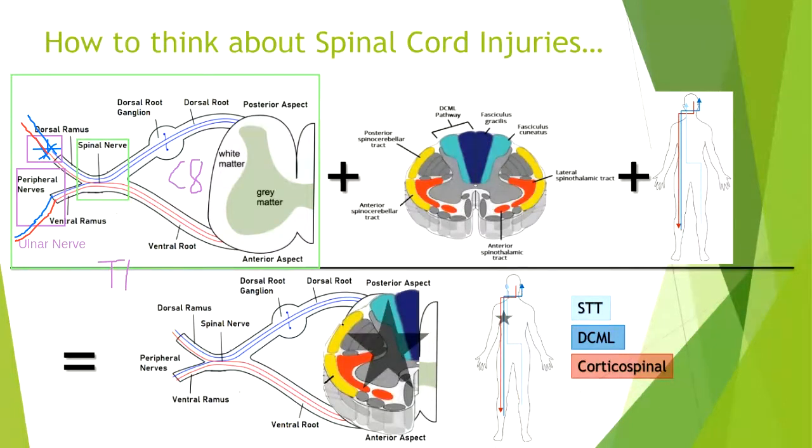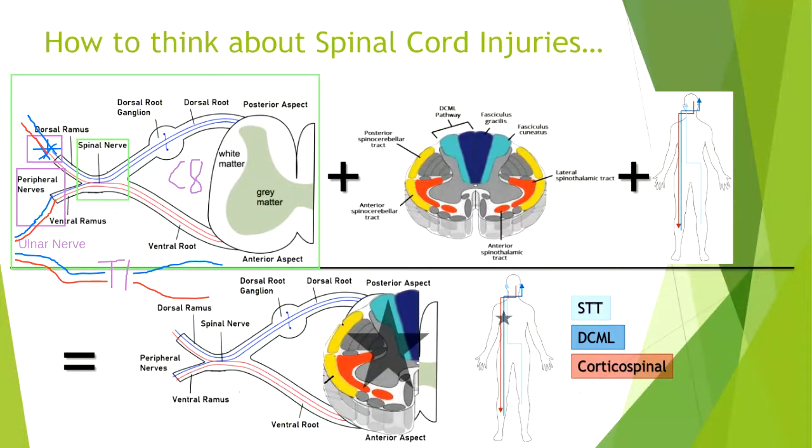If we've got our sensory coming along, let's just say that that's our spinal nerve at T1, and then it will come up through here. And then we'll have some motor coming from T1 as well. There's our spinal nerve, and that is also going to come up and join this ulnar peripheral nerve.